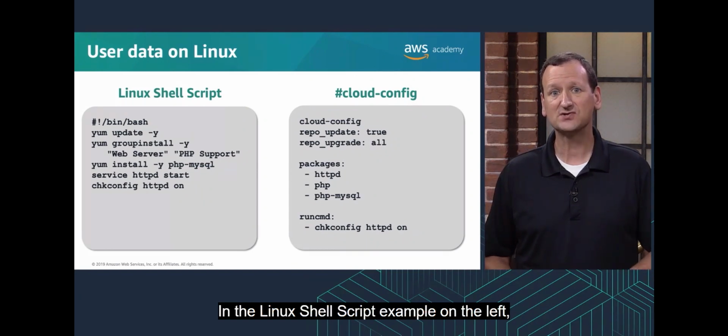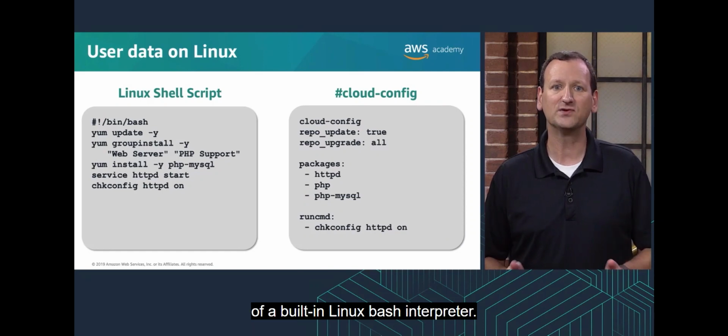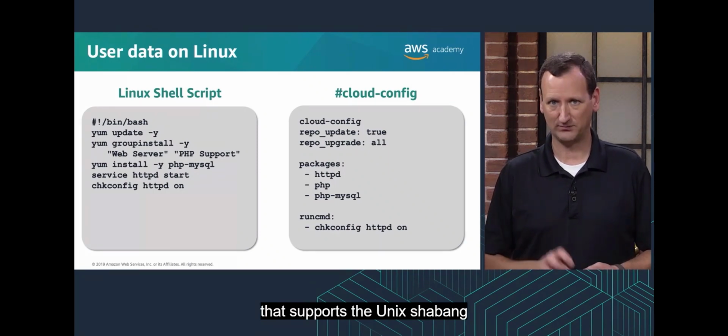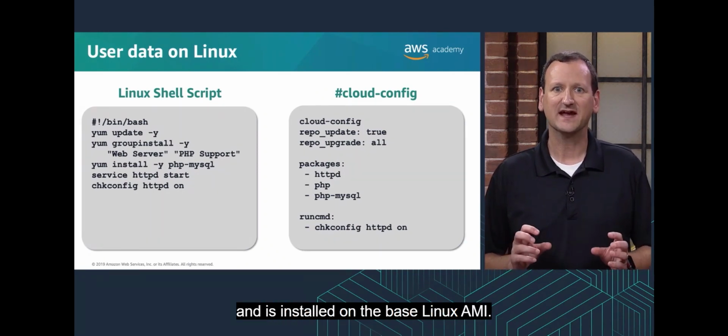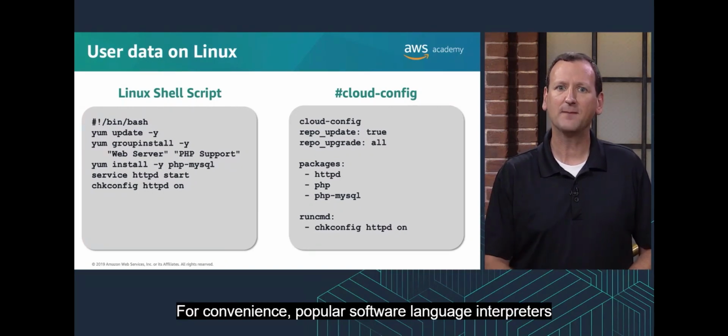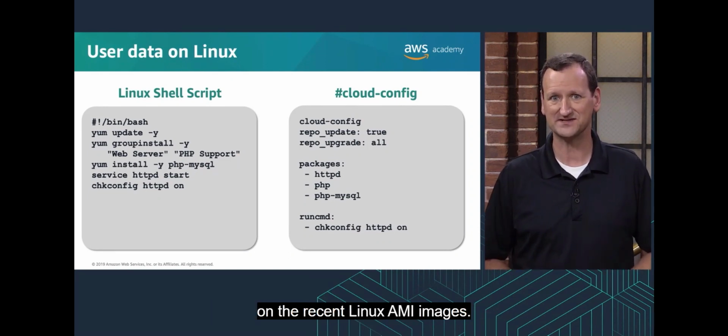In the Linux shell script example on the left, the script starts with an invocation of a built-in Linux bash interpreter. You can invoke any interpreter that supports the Unix shebang, or #!, syntax and is installed on the base Linux AMI. For convenience, popular software language interpreters like Perl and Ruby typically come pre-installed on recent Linux AMI images.